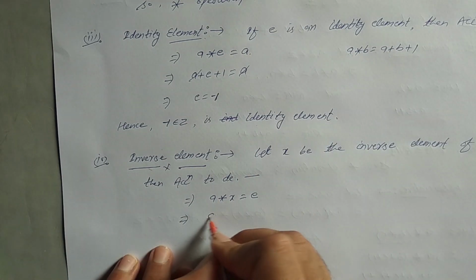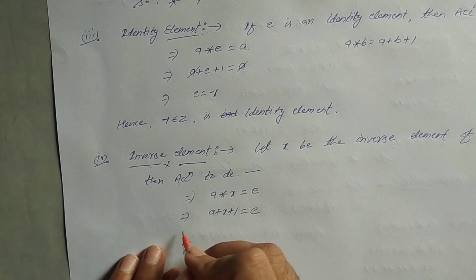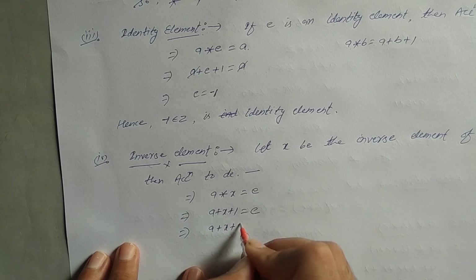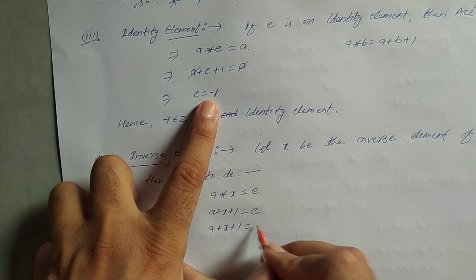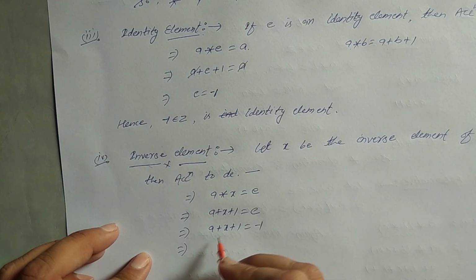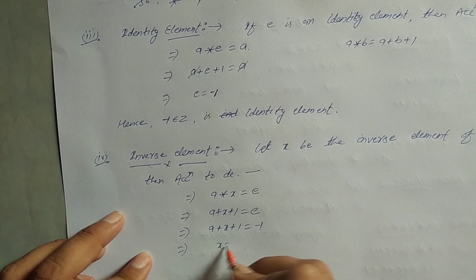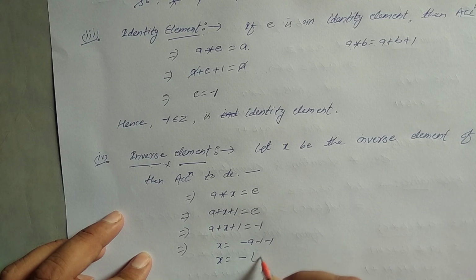A star x: A plus x plus 1 is equal to E. The identity element E is equal to minus 1, implies x is equal to minus A minus 1 minus 1. x is equal to minus A minus 2.